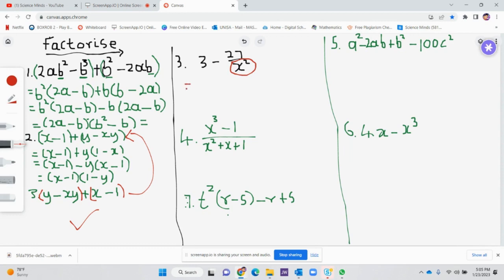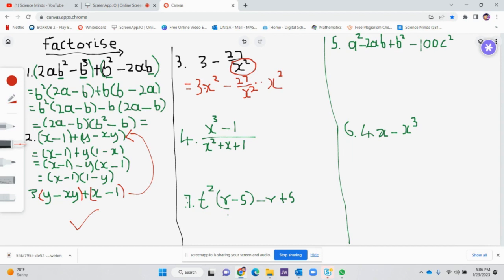So we take 3, we multiply it by x squared, minus 27 over x squared. We also multiply it by x squared. So the reason why we do that is to get rid of the denominator.